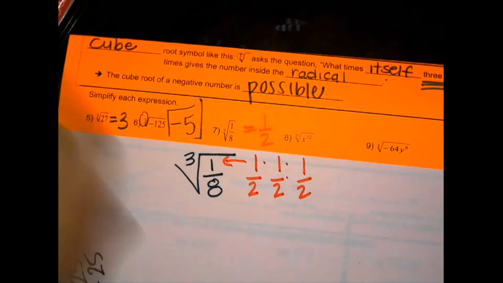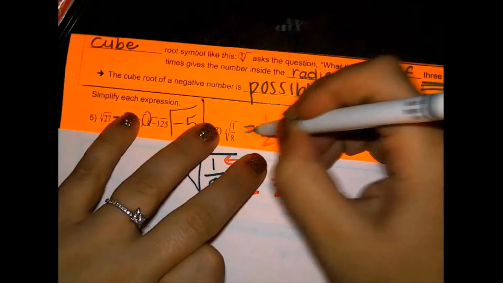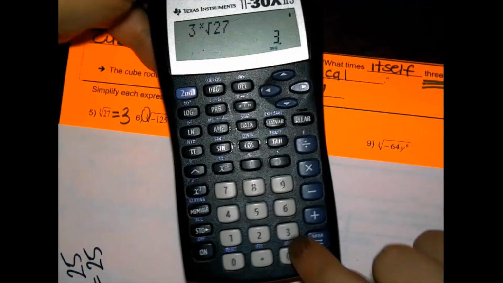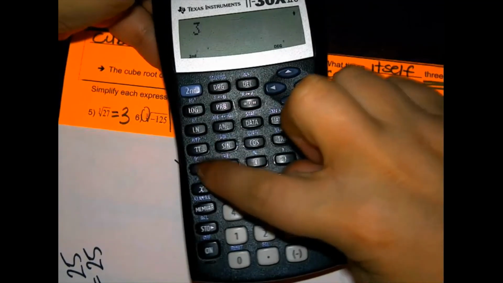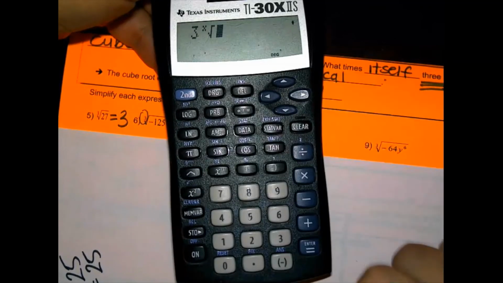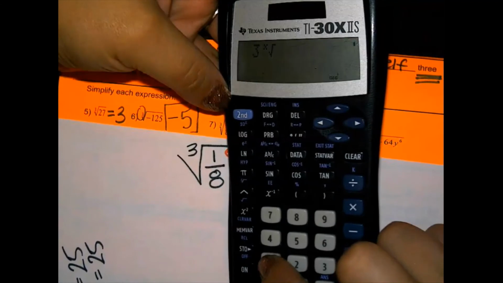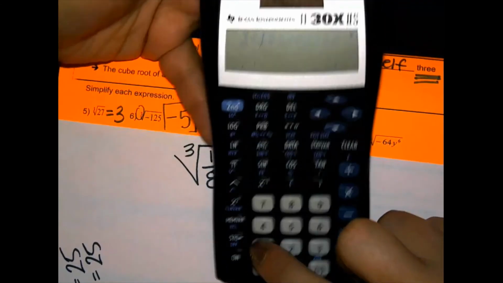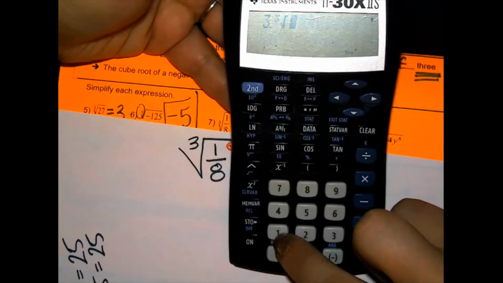Now if we put this in our calculator and do the cube root, we click the 3, then the second, and this button right here under the pi button. And we want to know what times itself 3 times is 1/8. Please follow along with me, because this is a common mistake people make.